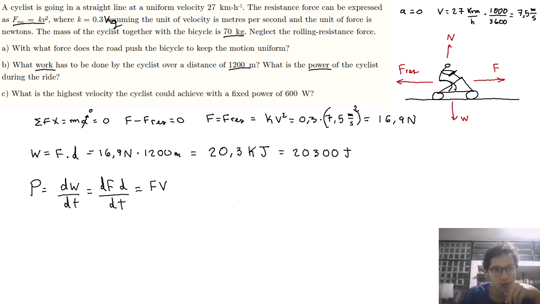Right? If we substitute the value of force in this formula, we have the force is 16.9 newtons times the velocity 7.5 meters per second. That is equal to 127, and the unit of power is watts.